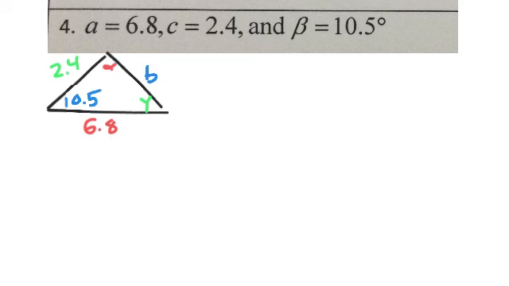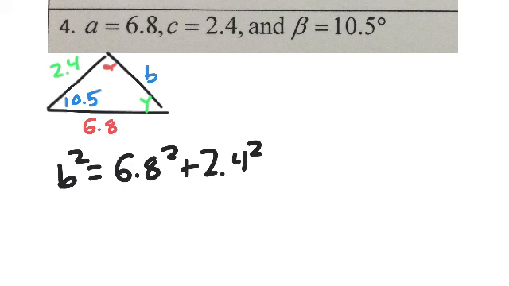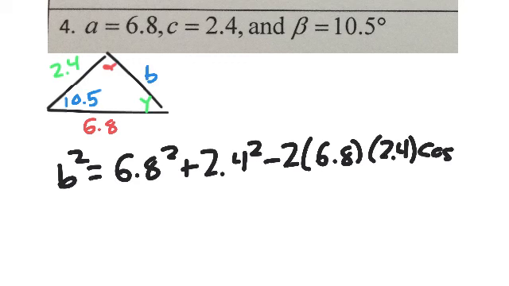So I'm using the second formula, which is b squared equals a squared plus c squared minus 2 times a times c times cosine of the angle, which is 10.5. And now to solve for b, it's currently being squared, so I'm going to take a square root.